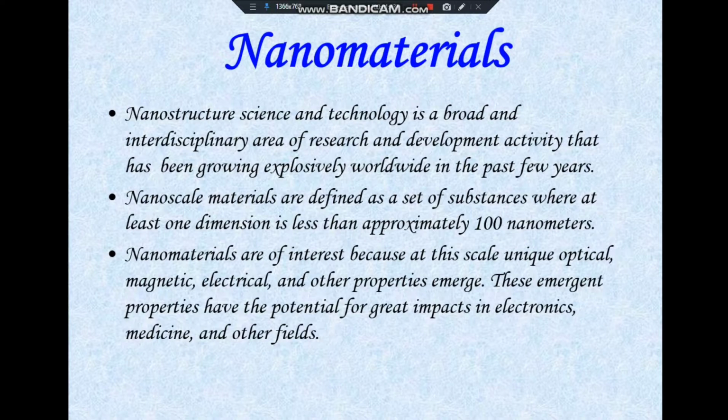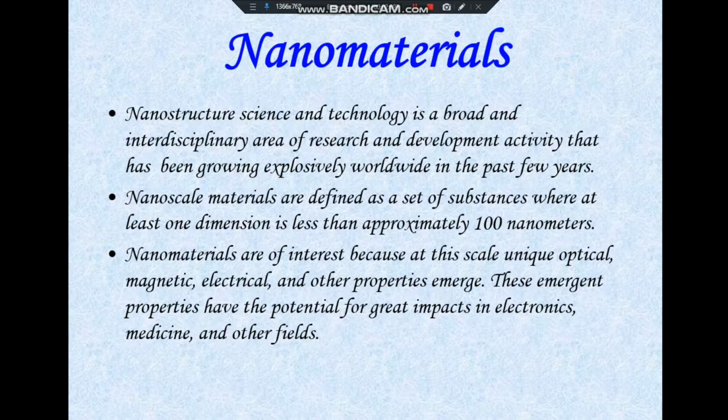Now we jump to some information about nanomaterials. So, why do we choose nanomaterials? Nanostructure science and technology is a broad and interdisciplinary area of research and development activity that has been growing explosively worldwide in the past few years.